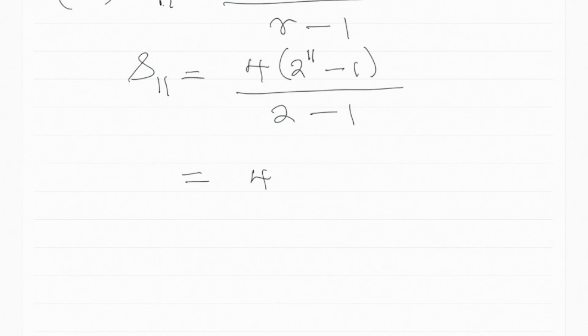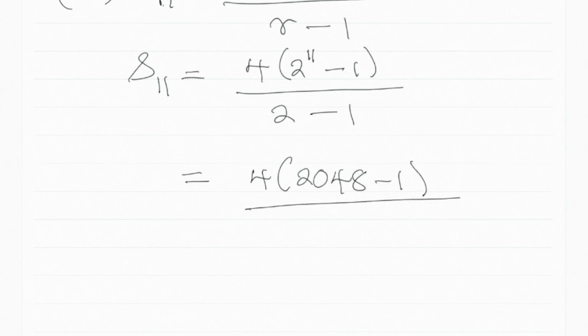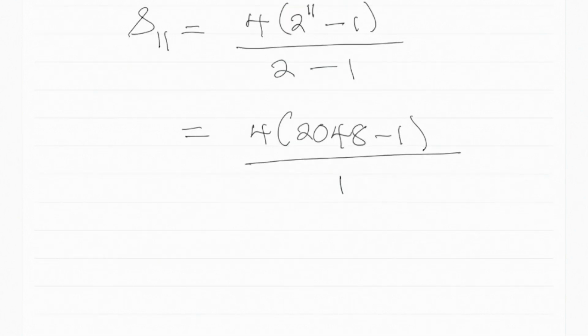And when we simplify this, we are going to have 4 and 2 to the power 11, we are going to have 2048 minus 1, everything over 1, which is just a straightforward thing there.